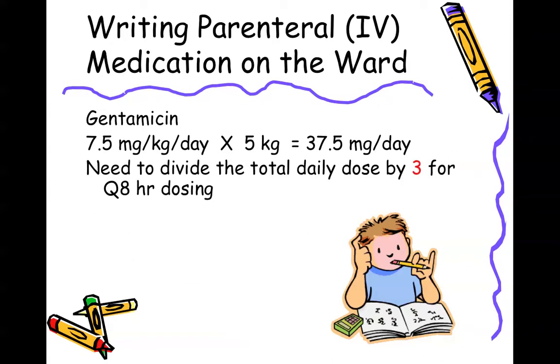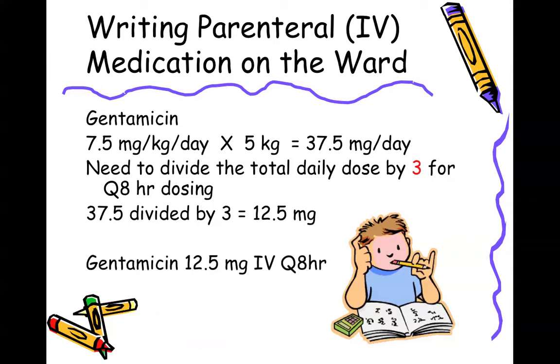That's again a total daily dose, so you need to divide for Q8-hour dosing, you need to divide that dose by 3 in order to get what you were going to give each dose, and so 37.5 divided by 3 is equal to 12.5 milligrams, and that is the dosage amount. So your final prescription would read gentamicin 12.5 milligrams IV Q8 hours, and again, first dose urgent.